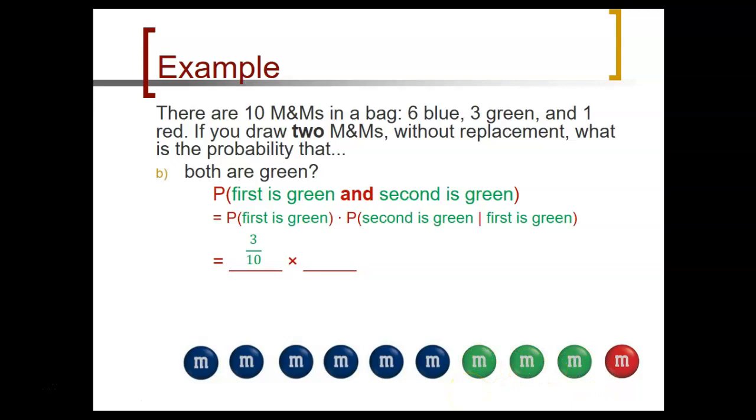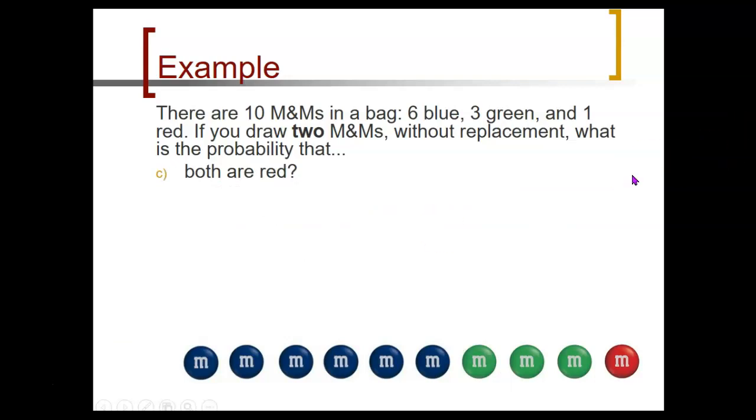Now, under that condition, if that actually did happen, what's the probability of the second one being green? That would be 2 out of the 9 that are remaining to choose from. So 2 over 9. When we multiply 3 over 10 times 2 over 9, we get 6 over 90. In lowest terms, that would be 1 over 15, or in decimal form, about 0.067.